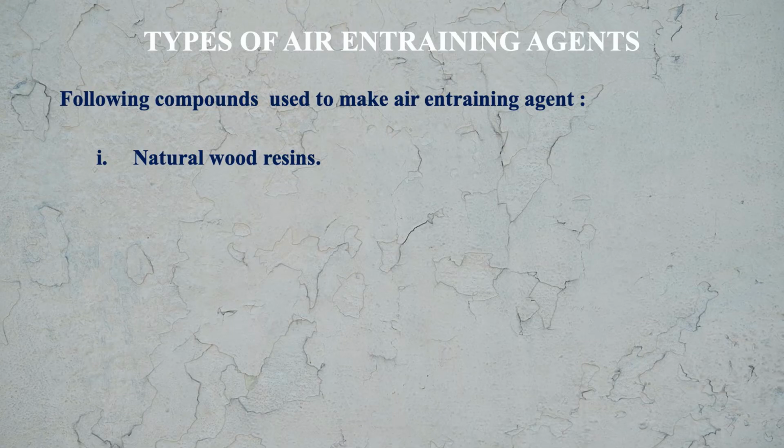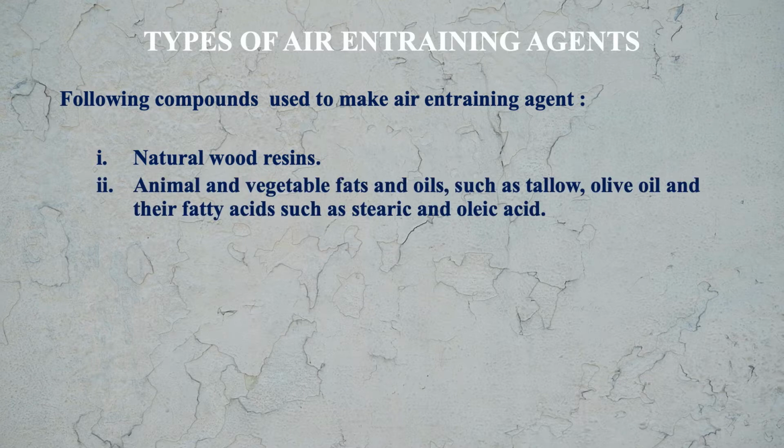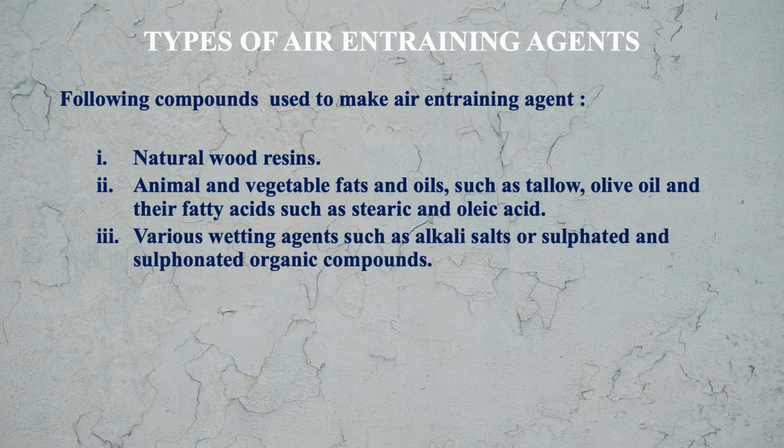The compounds used as air entraining agents are natural wood resins, animal and vegetable fats and oils such as tallow, olive oil and their fatty acids such as stearic acid and oleic acid. Various wetting agents such as alkali salts or sulfated and sulfonated organic compounds are also used.